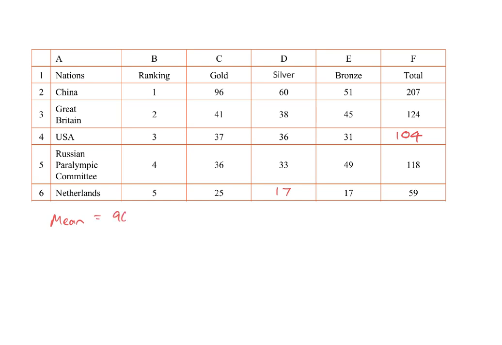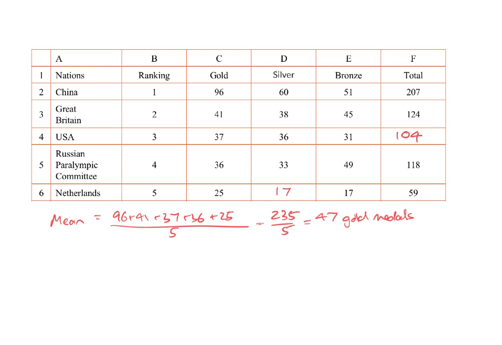So you're going to do 96 plus 41 plus 37 plus 36 plus 25. All of that divided by the number of countries who you've added up, which is 5. And that's going to give you, I think, something like 235 over 5, which equals 47 gold medals. And that is the mean number of medals just for the top 5 nations.